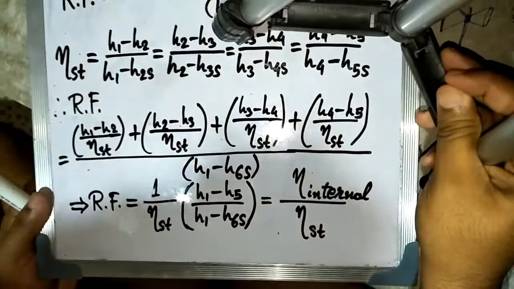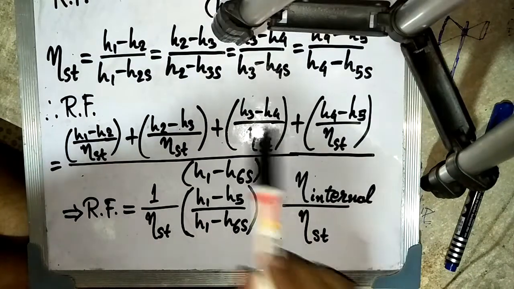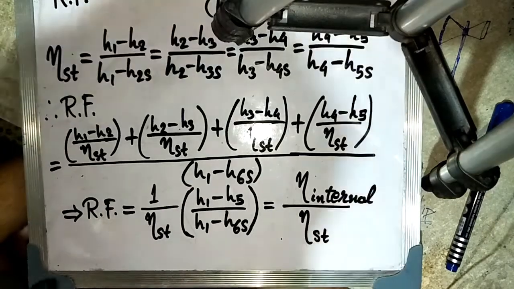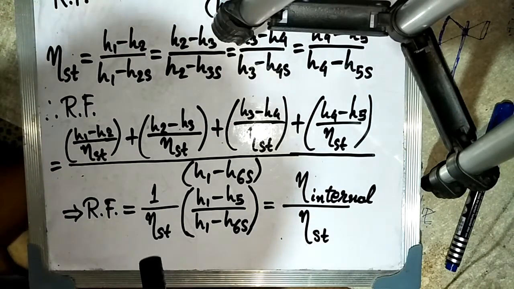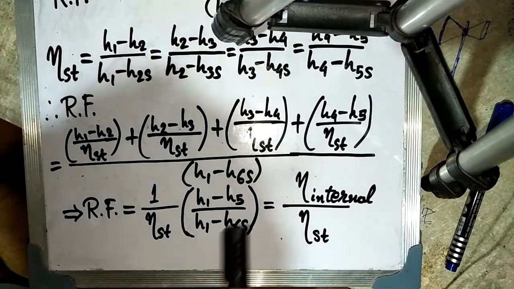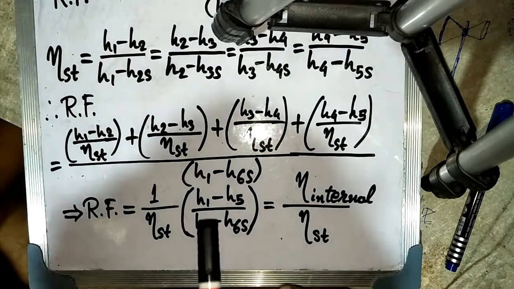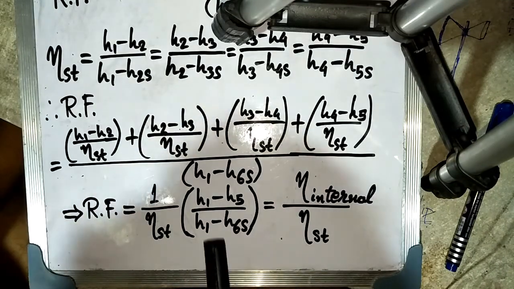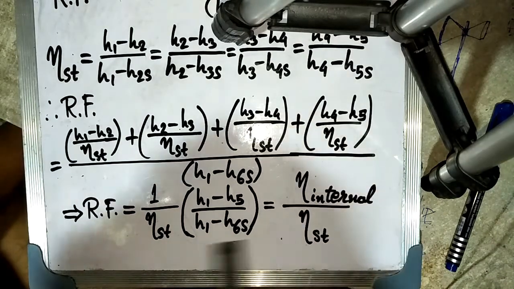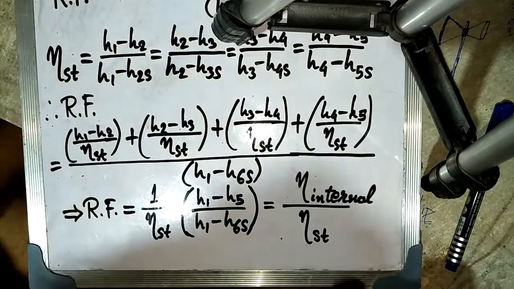Simplifying the above equation, we get the reheat factor equals 1 by the stage efficiency into H1 minus H5 by H1 minus H6S. This H1 minus H5 by H1 minus H6S is the internal efficiency. So the reheat factor becomes the internal efficiency by the stage efficiency.